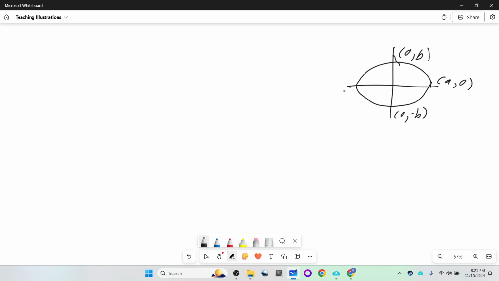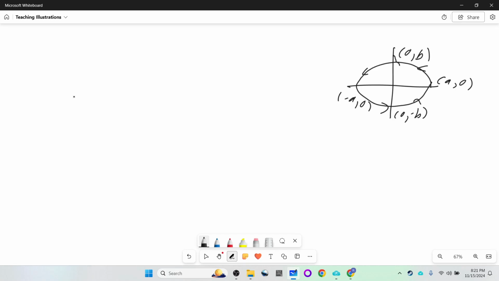So we have an ellipse. This is (a, 0), and this is (0, b). And (0, negative b), and (negative a, 0).